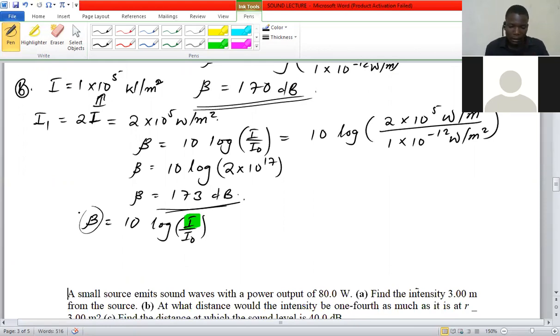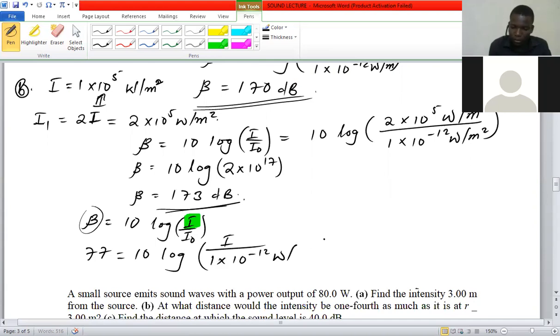So the decibel level is 77 equals 10 log of the intensity, which we are looking for, over the threshold of hearing, which is 10 to the power -12.